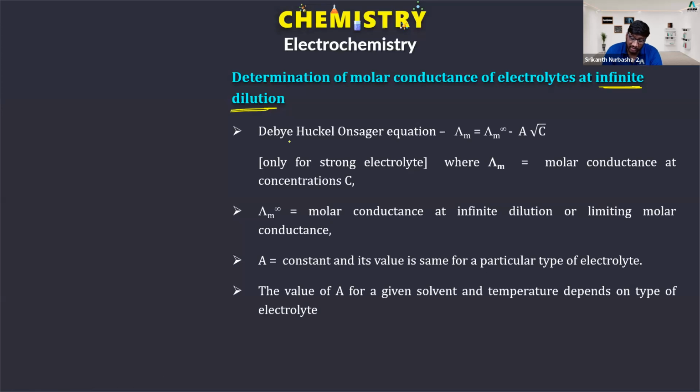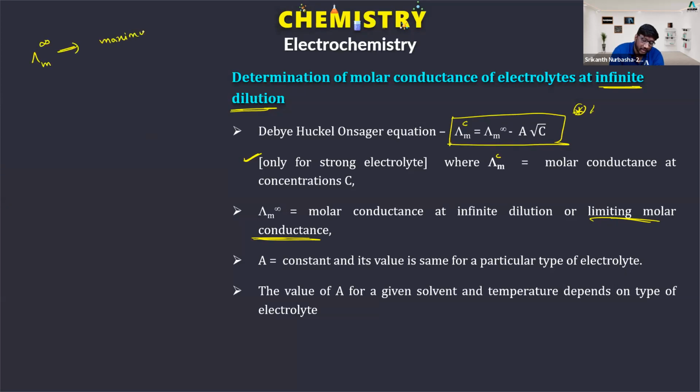The Debye-Huckel-Onsager equation is: molar conductance at concentration C equals molar conductance at infinite dilution minus some constant A into root C. This is only applicable for strong electrolytes, where lambda M at concentration C is the molar conductance at any concentration C, and lambda M at infinite dilution is the limiting molar conductance, the maximum conductance shown by that electrolytic solution. Why?